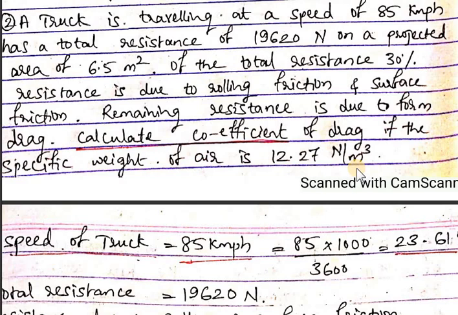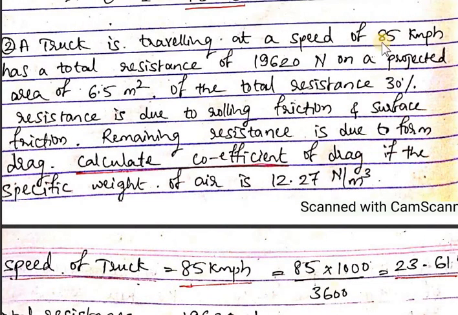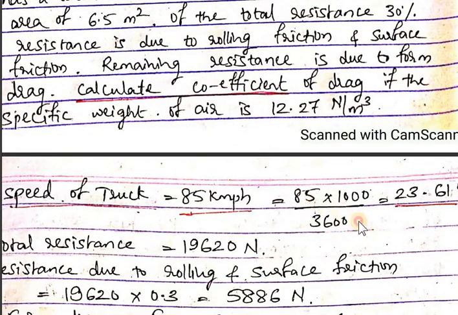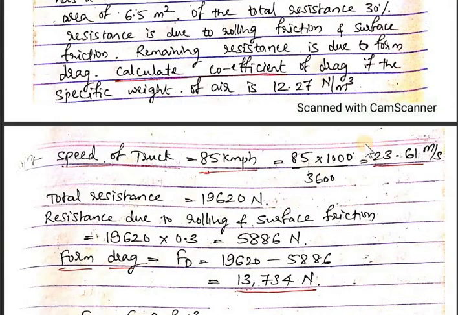Keeping all this given data, we'll convert some data and see the solution. In this problem, the speed of the truck is given as 85 km per hour. To convert this to meters per second, because we need velocity, this you already know, I have converted here. It comes to 23.61 meters per second, the velocity of the truck which is moving. That we need to consider in the formula.